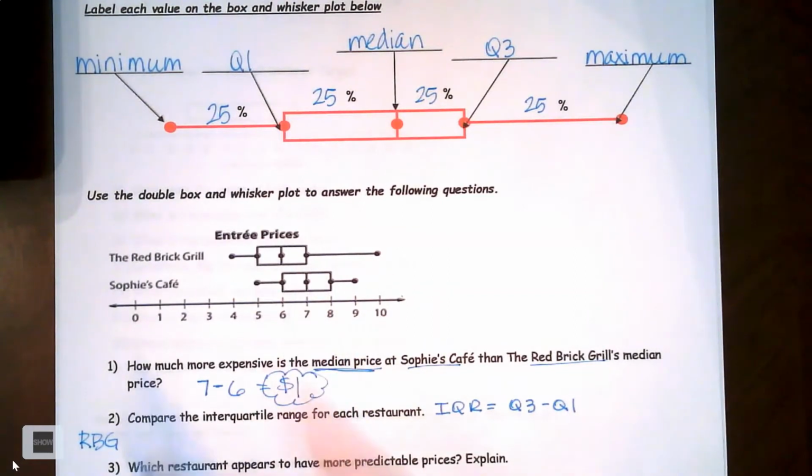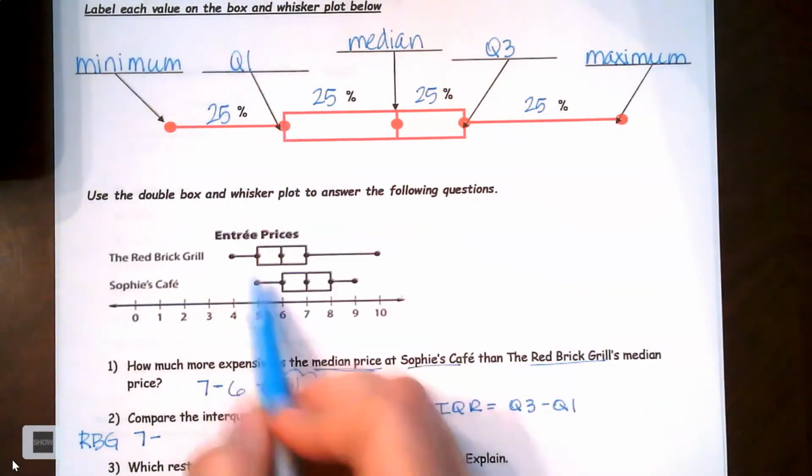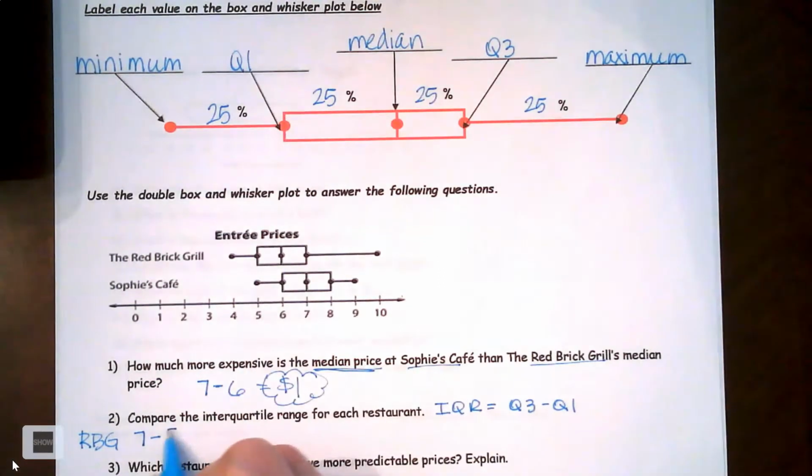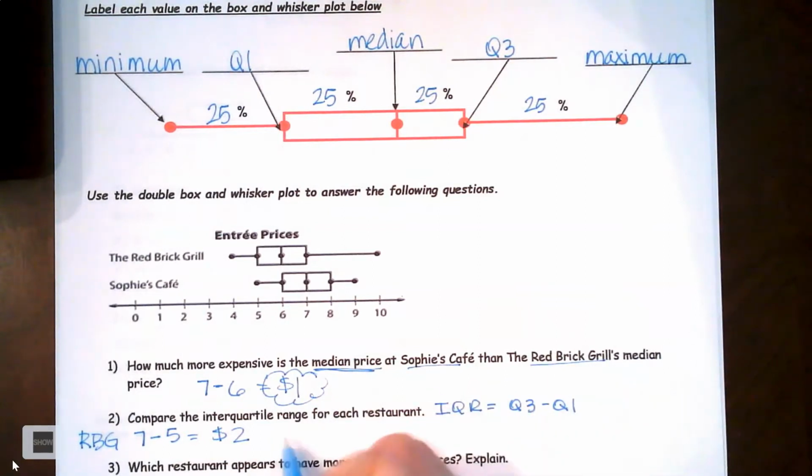So that would be 7 minus Q1, which is the beginning of the box, 5. So the Red Brick Grill has an interquartile range of $2 in their entree prices. So that's not very spread out. It's very consistent data. All right, now let's try Sophie's Cafe.